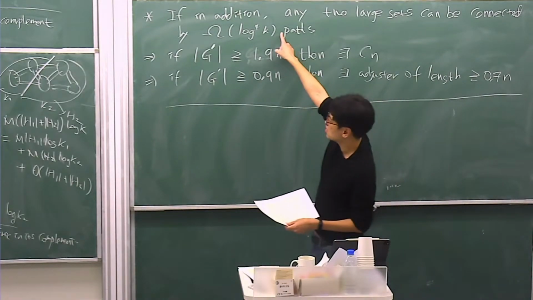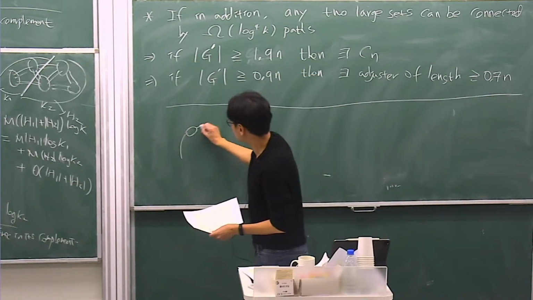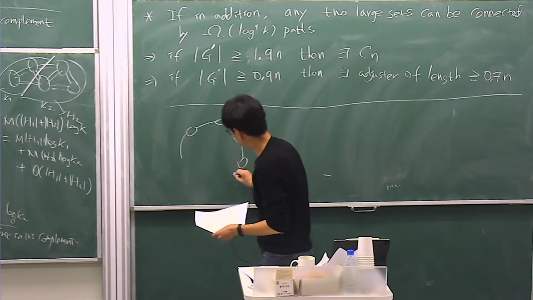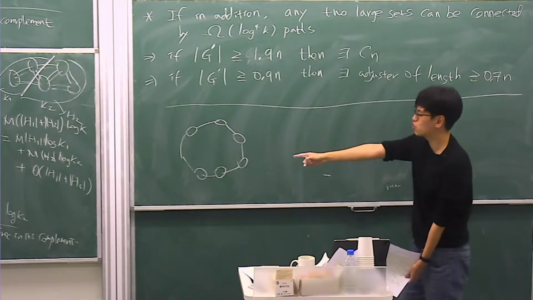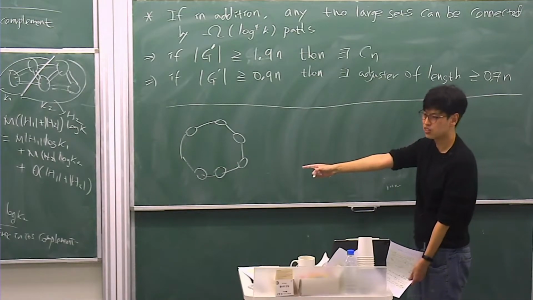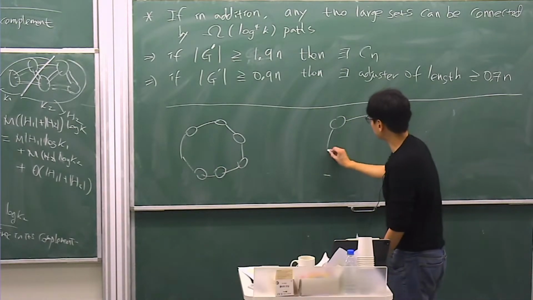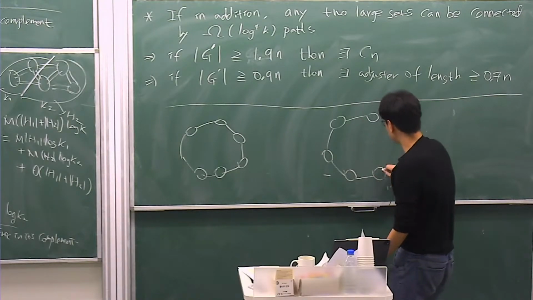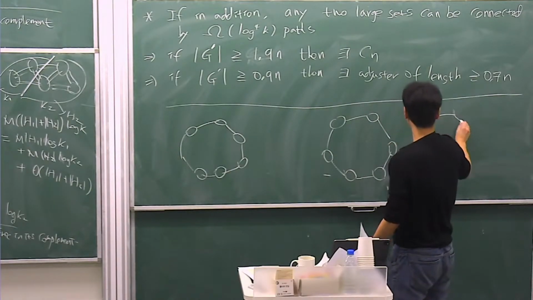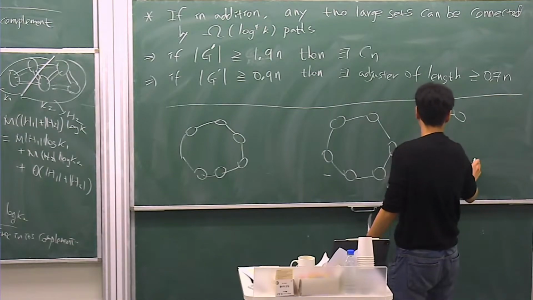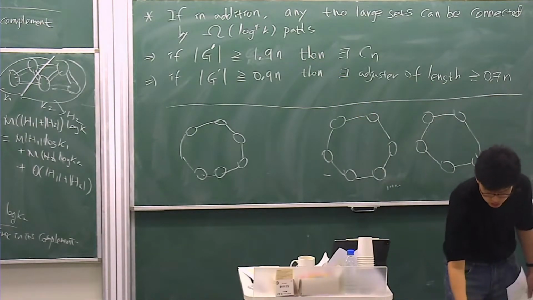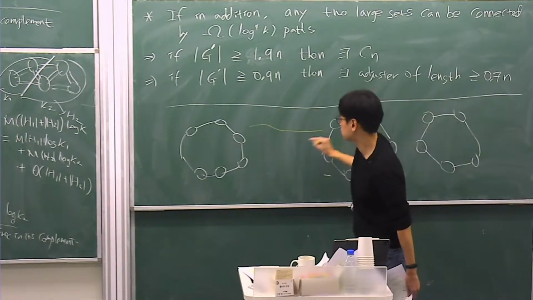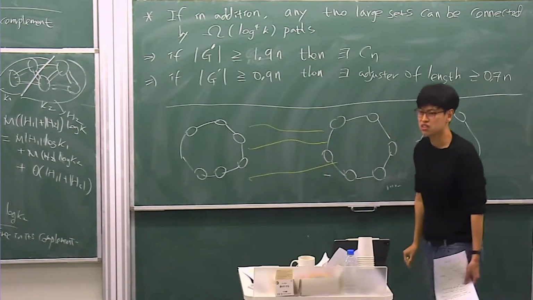So why is this? As I mentioned, we can build this kind of structure, but we are not sure whether we can make it long enough, right? So what we can do is keep taking this structure in a disjoint way. If there are many passes between any two large sets, we can find many two passes between.